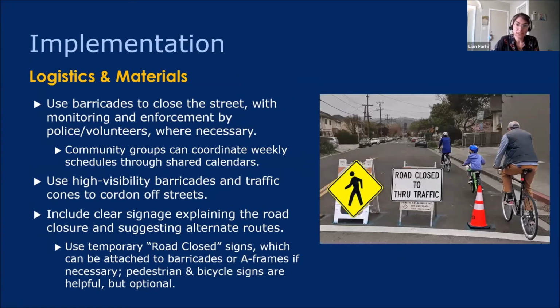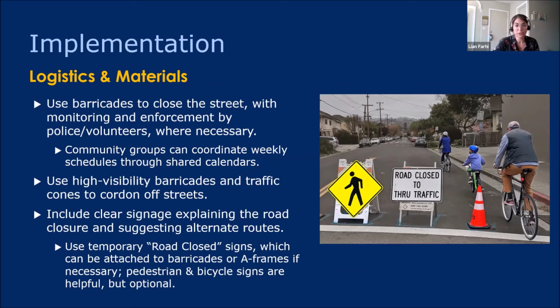In terms of logistics and materials, there are a few basic things that you could use to create an open street. So the simple materials you're going to use are barricades to close the street. And again, you might have staff involved to monitor and enforce where necessary.